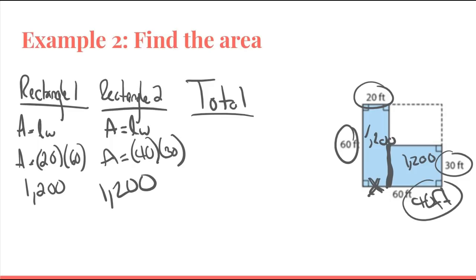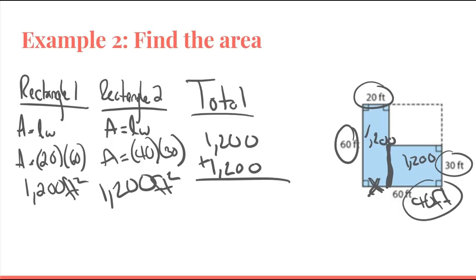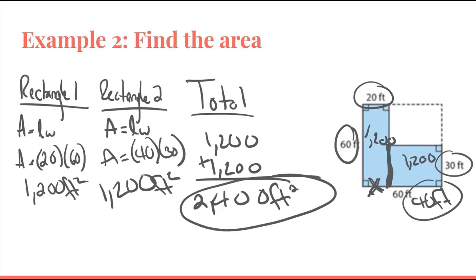So I have 1,200 for the first rectangle, 1,200 feet squared for my second rectangle, and my total is just when I add those two together. So I do 1,200 plus 1,200 is 2,400. My unit, as always, is squared, and this one is feet, so it's 2,400 feet squared.